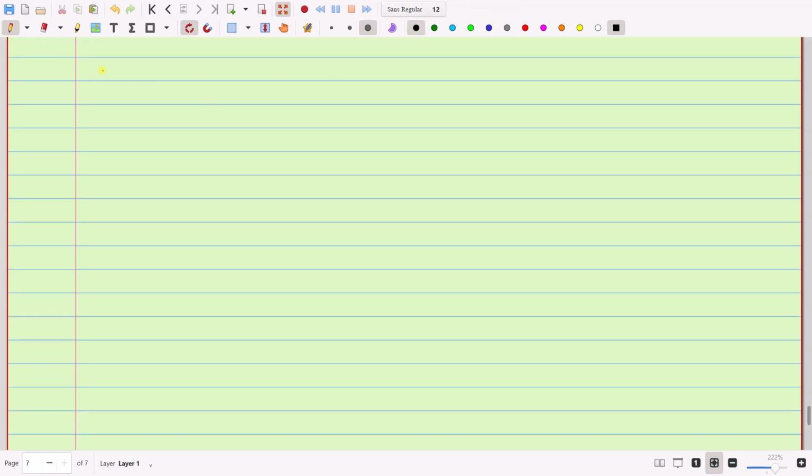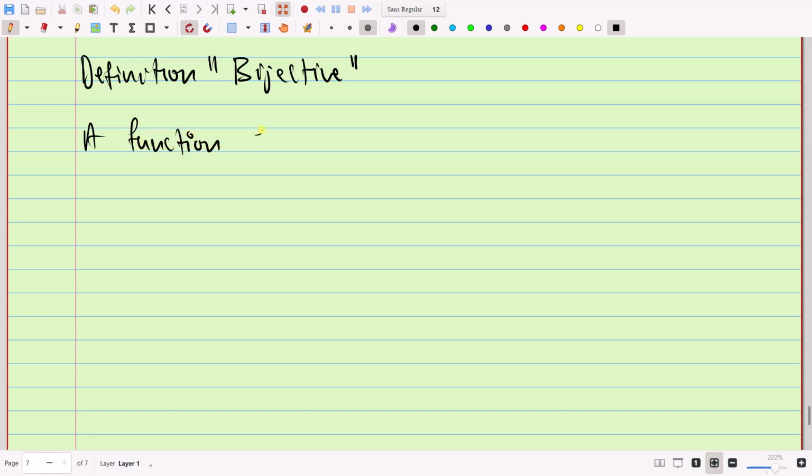But now it will also be worth defining what a bijective function is. So what is a bijective function?